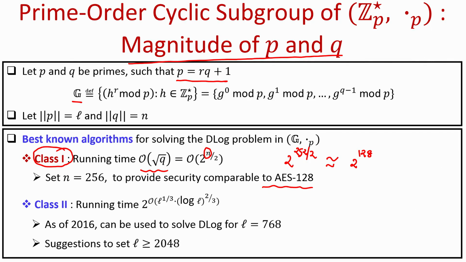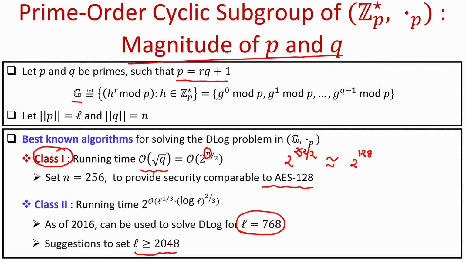As of 2016, these class 2 algorithms can be used to solve instances of the D-log problem for any instantiation of the cyclic subgroup where L is 768, and it is suggested that to have a meaningful notion of security, we should set L to be 2048.